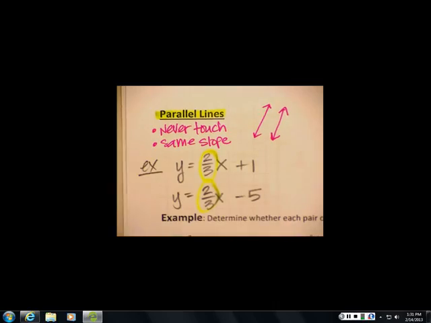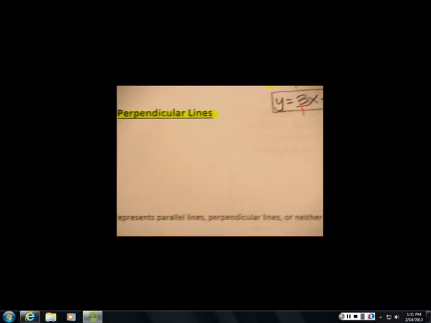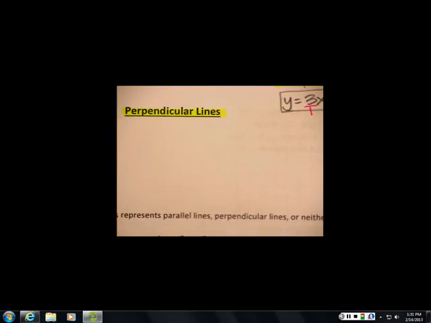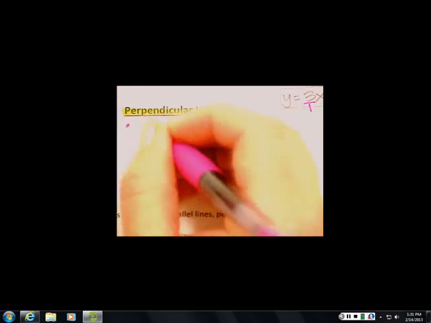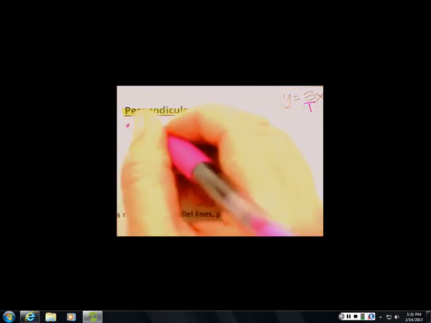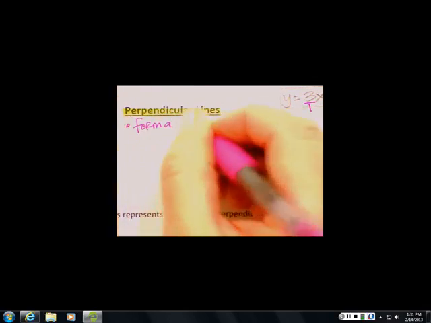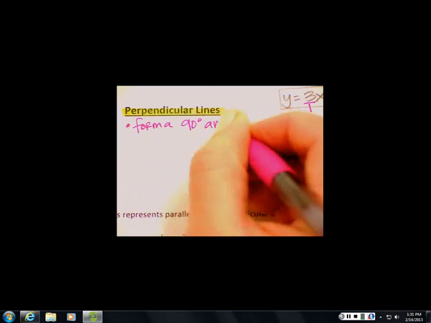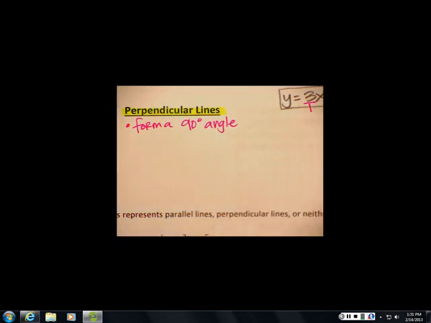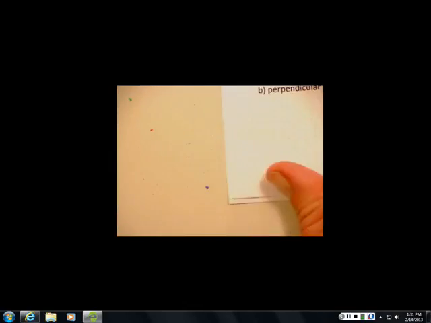Perpendicular lines. Perpendicular lines are two lines that form a 90-degree angle. A 90-degree angle would be the corner of your paper.